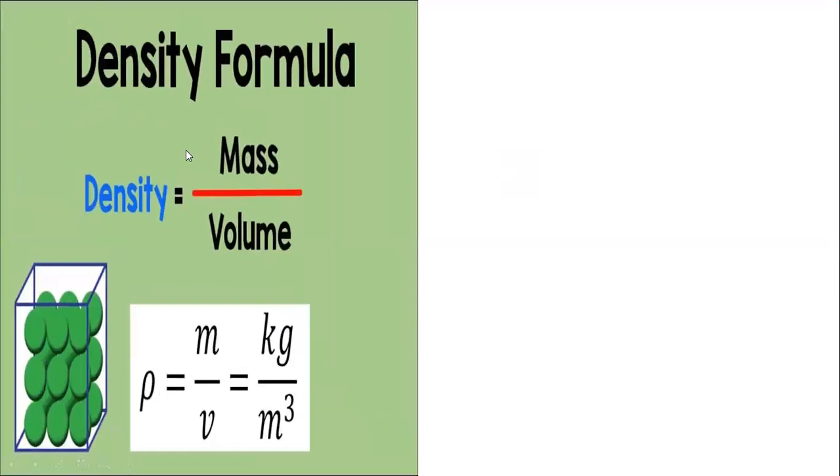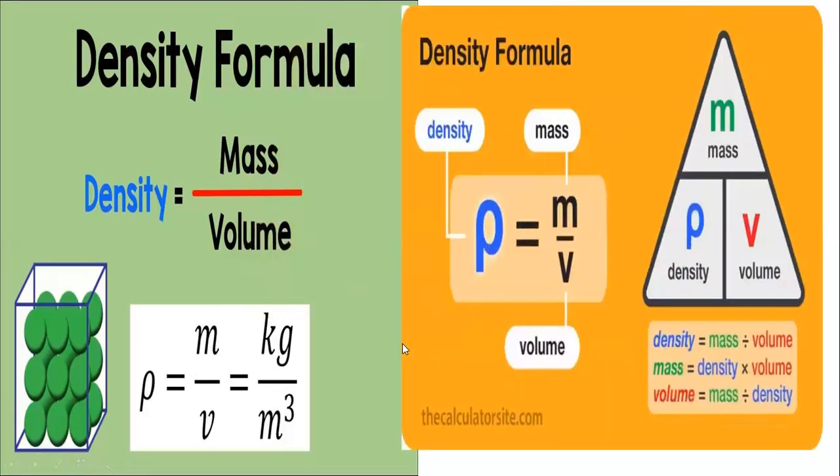The density formula is density equals mass per volume, where density takes the symbol P, equal to M, which is mass, per volume. The unit of mass is kilogram. The unit of volume is cubic meter.